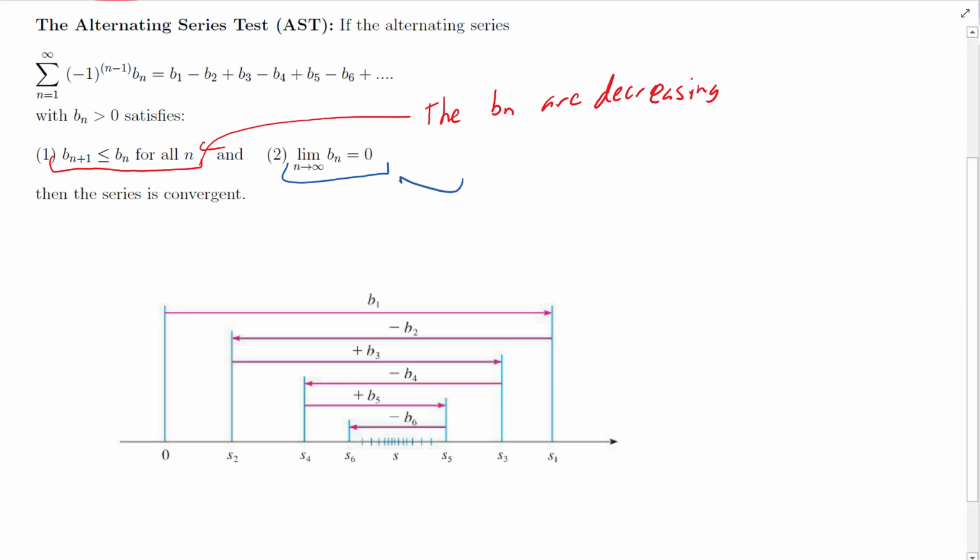Now condition 2 is really the test for divergence. If the b_n's don't go to 0, then we know by the test for divergence the series will diverge. Now if we have condition 1 and condition 2, then that series is going to be convergent. Guys, I want y'all to realize that the alternating series test never tells us a series will diverge.